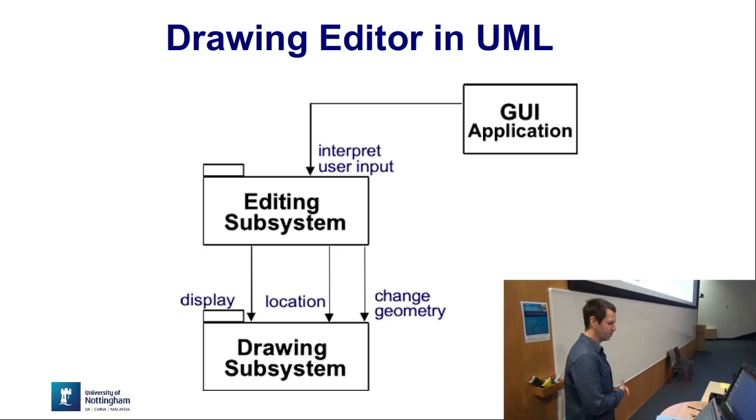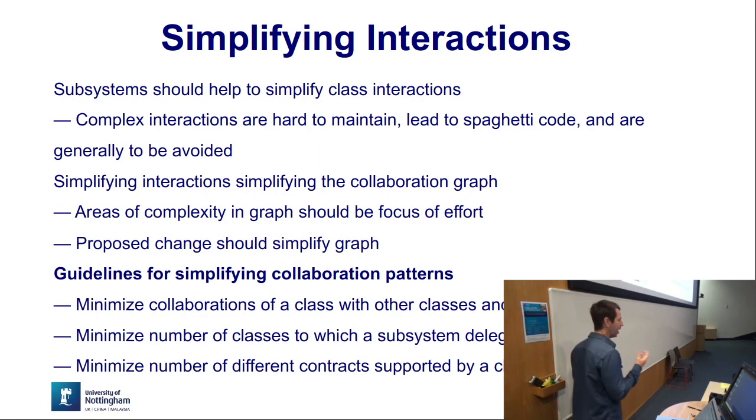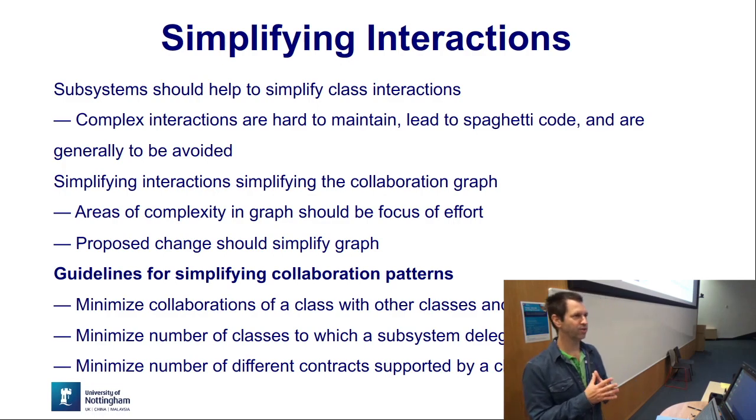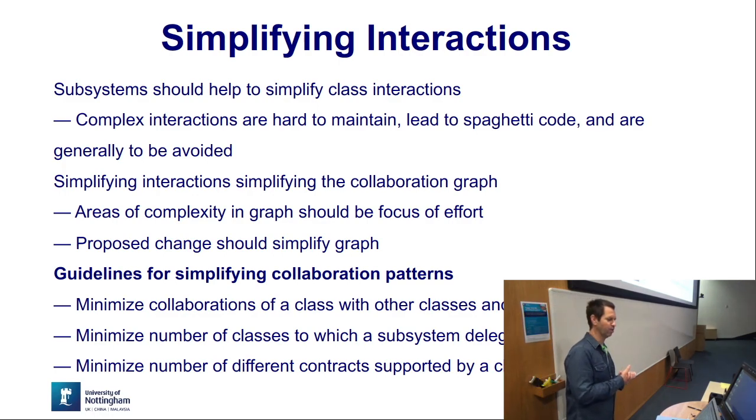So subsystems simplify the interactions. They simplify the patterns of communication, because this is so challenging in object-oriented software. The patterns of communication are complicated, they're hard to follow, right? And this is what we're working on. We're addressing this complexity.